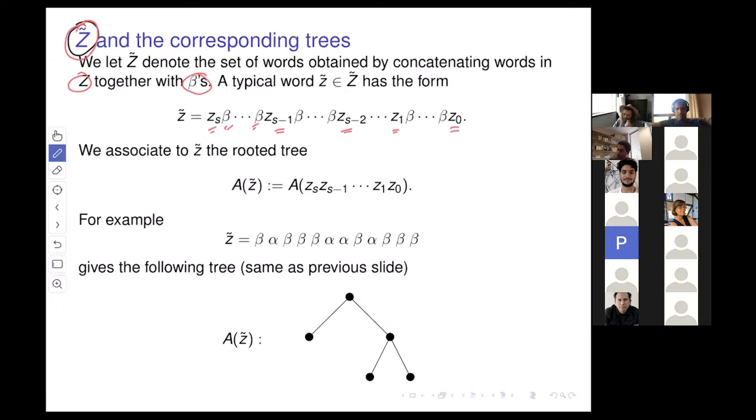So to such an expression Z tilde, I'm going to again associate a rooted tree as in the last Cauchy and Berger work. All I'm going to do is just ignore the beta.